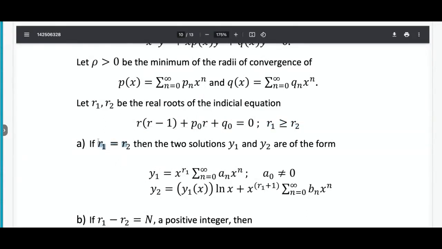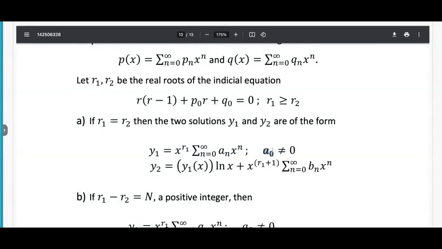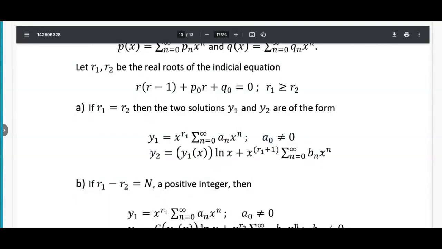If R1 equals R2, then the two solutions Y1, Y2 are of this form: Y1 equals this, for a naught not equal to 0. The second one is Y1 of x times log x plus x raised to R1 plus 1. You can put it over here, or you can just add to the exponent of x. Sometimes it's written in both forms. So this Bn x raised to n.